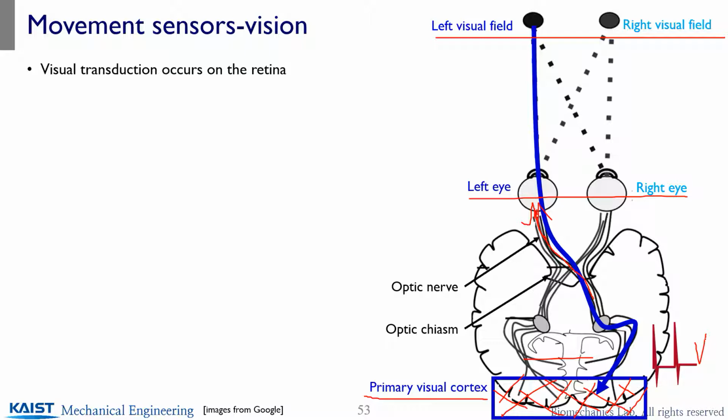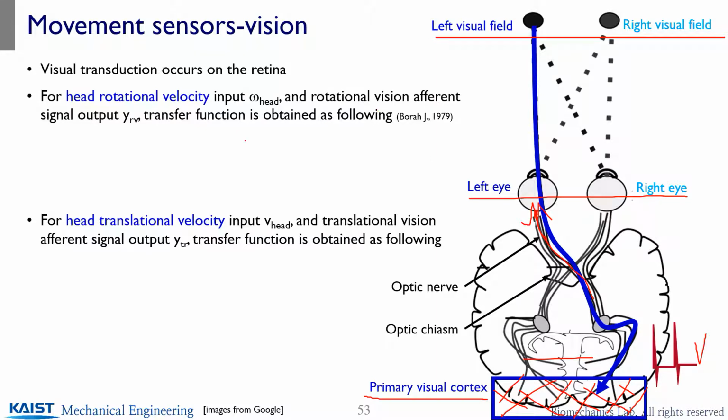So there should be a relationship between how the input variables, like head movement and head angular velocity, are transferred to this action potential, the electrical output signal. Physiologists experimentally examined the relationship, or transfer function, between head angular velocity and the neural signals, called the vision afferent signal. Afferent signal means the neural signal going from the sensor to the brain.